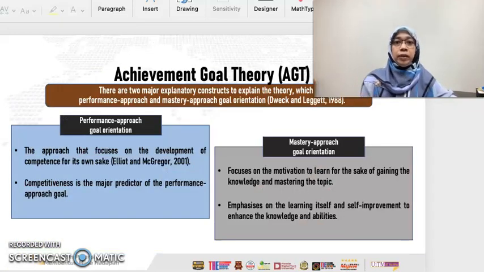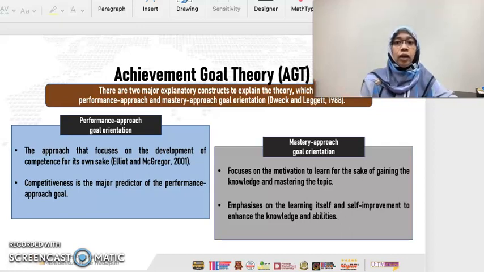This study is based on the achievement goal theory. Based on this theory, there are two major explanatory constructs, which are the performance approach and the mastery approach. The performance approach goal orientation focuses on the development of competence for its own sake, and competitiveness is the major predictor of performance.